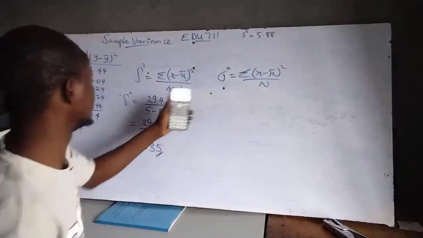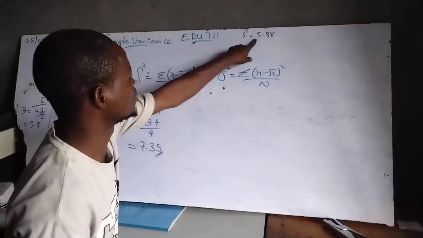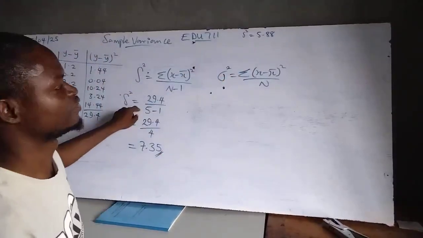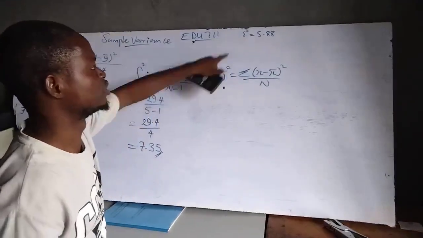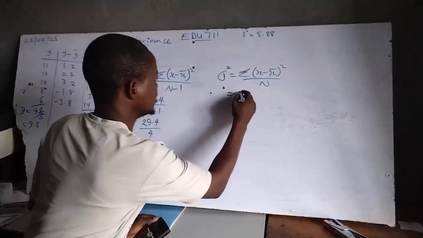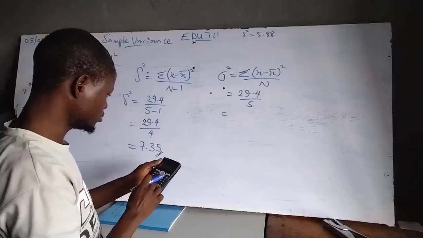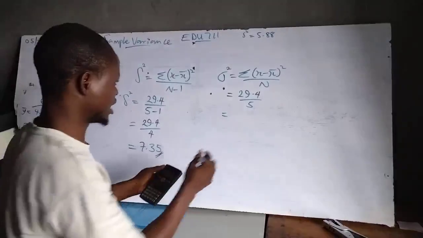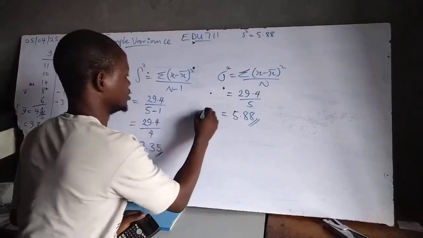Assuming we want to calculate this for population variance, which was what we did the other time, that we got 5.88 as s squared, which was a mistake because we divided by 5. Dividing by 5, this value is meant for sigma squared, not s squared. So let's see that. Using this same value, we have 29.4 all over 5. 29.4 divided by 5 gives us 5.88 as the sigma squared.